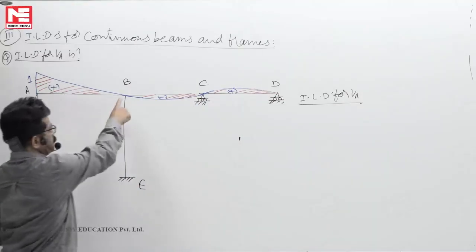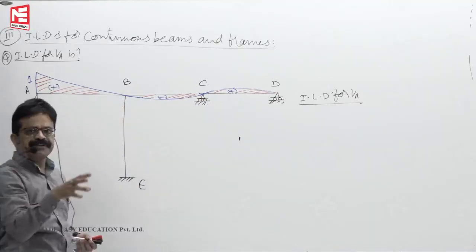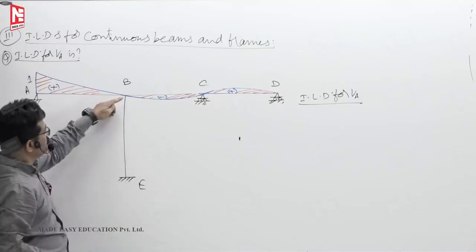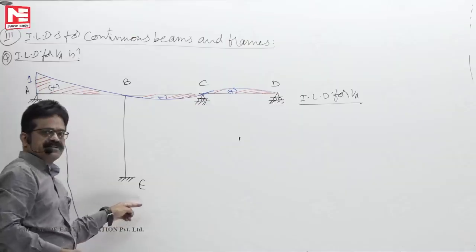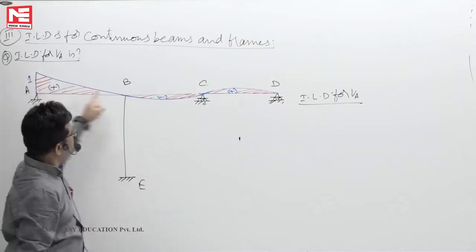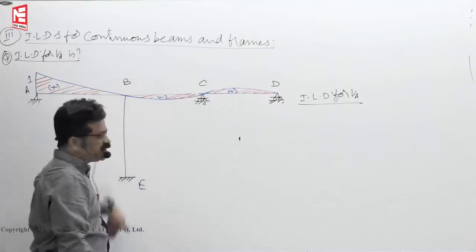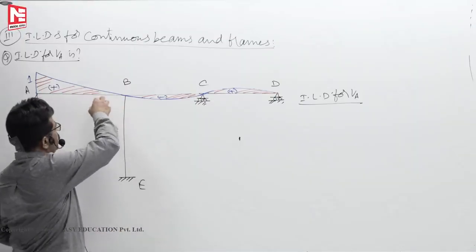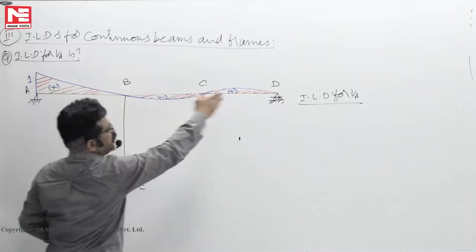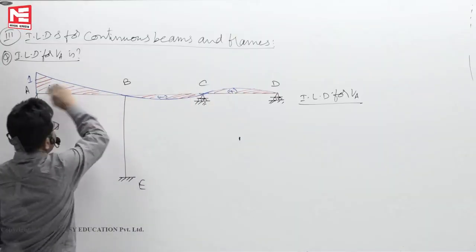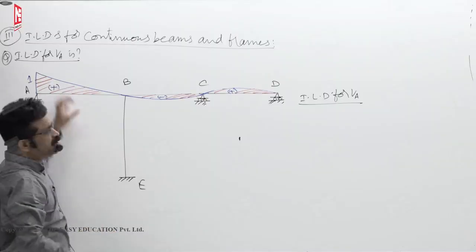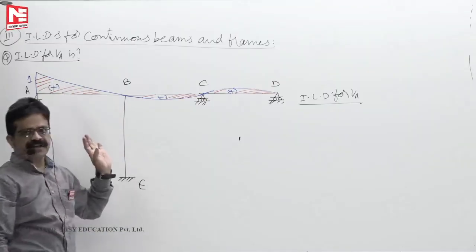It's a rigid joint. That means the angle between the members must remain the same even after rotation. Actually, this also rotates like this, but the unit load will move on ABCD only, it will not move on the column. When the vehicle is moving on the column, it is not the movement of the car, it is the accident of the car.